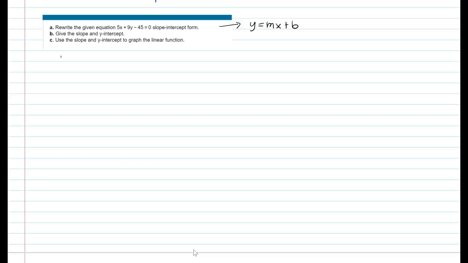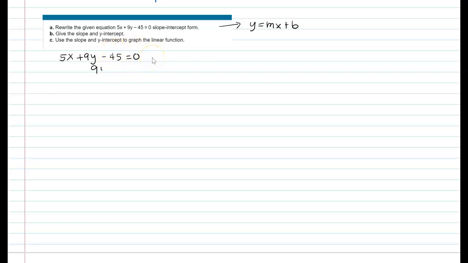So if you have 5x plus 9y minus 45 equal to 0, your goal is to move everything that does not contain y to the other side of the equation. So that means you move this 5x to the right-hand side and also this negative 45 to the right-hand side.